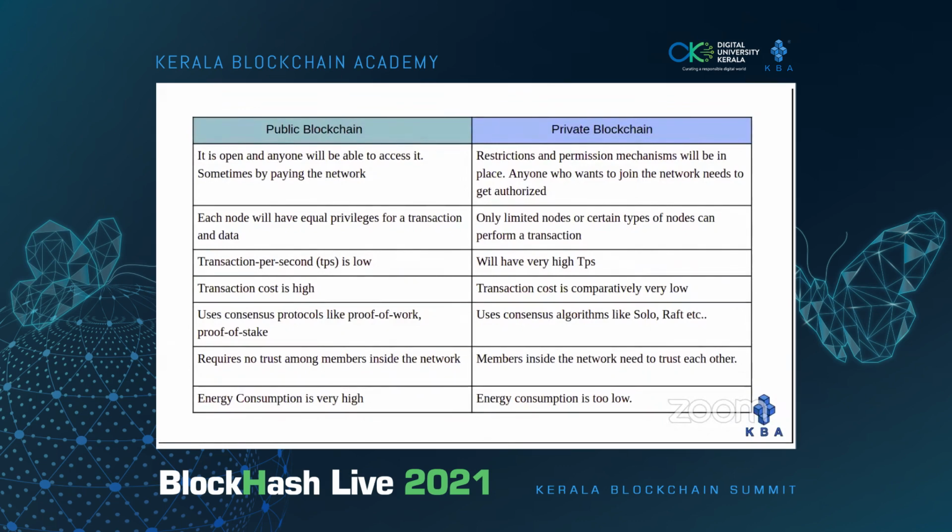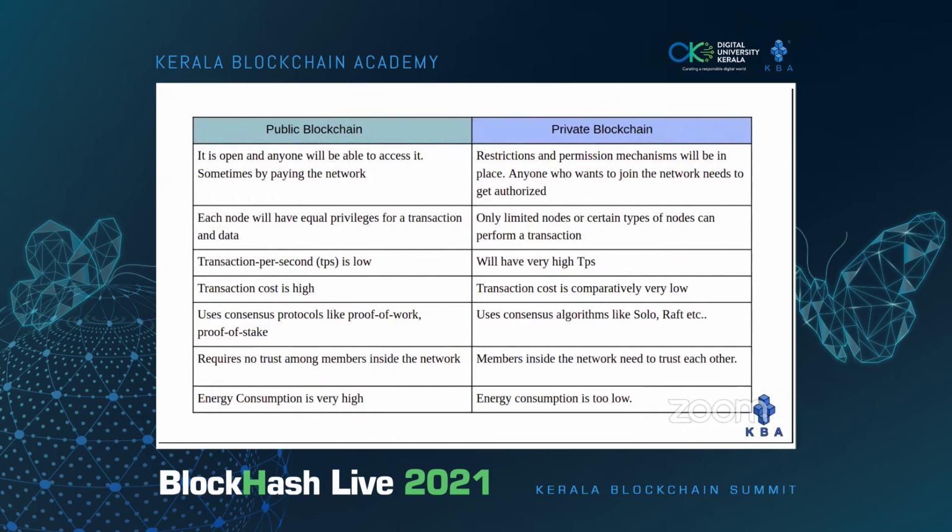And next, energy consumption is very high in public blockchain, since consensus algorithms like proof of work consume a lot of energy and a lot of computational resources.